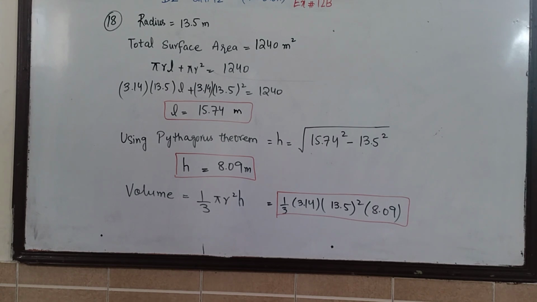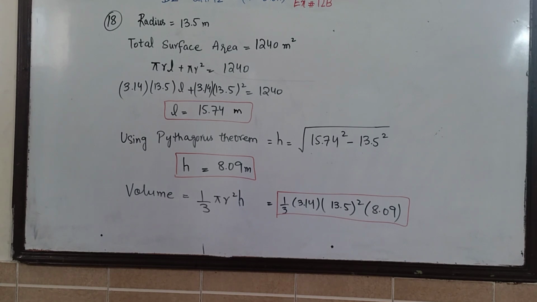You have to find L. In this equation, L is unknown. Pi you know, the radius is given, and L, the slant height, is unknown, plus pi r square. Put the values and solve the equation. So you will get the slant height value L, which will be 15.74 meter.